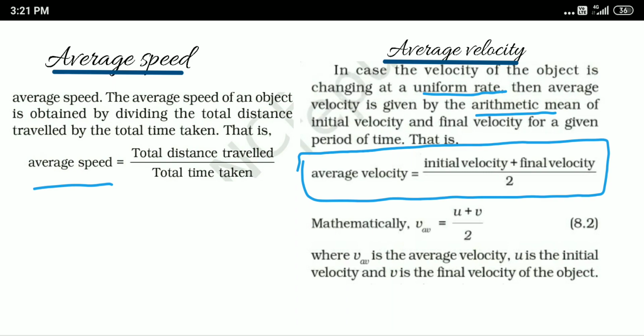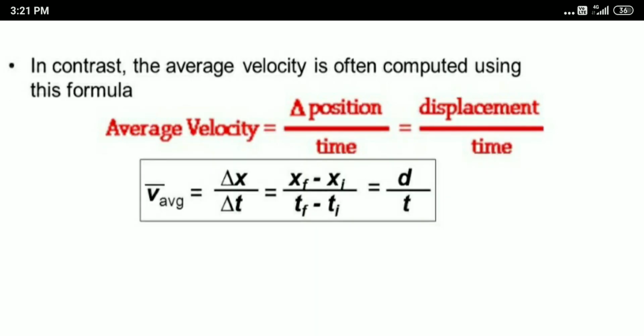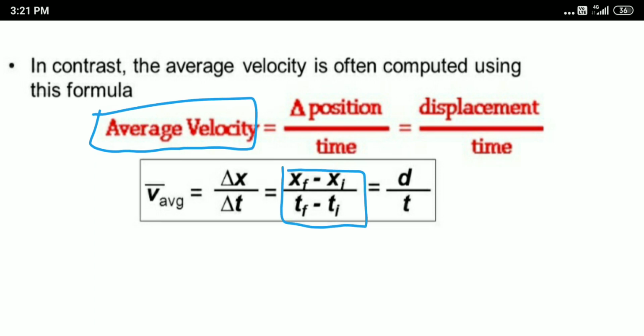Now, if an object is moving with a non-uniform rate, then average velocity can be defined as xf, that means displacement final, minus xi, that means initial displacement, divided by tf, that means final time, minus initial time.